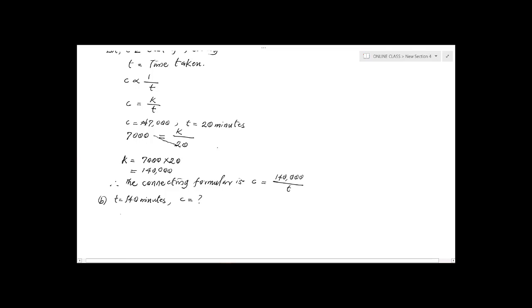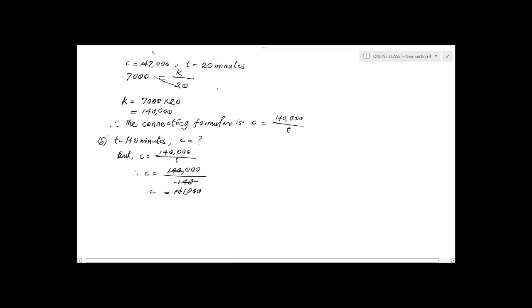You go back to the formula that you have formed already. C equals 140,000 over T, which is 140. 140 cancels 140. C equals 1,000 naira.